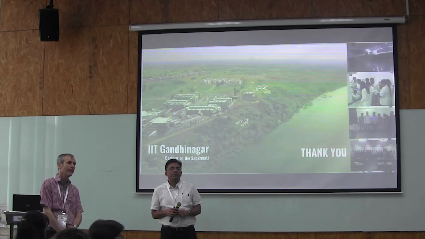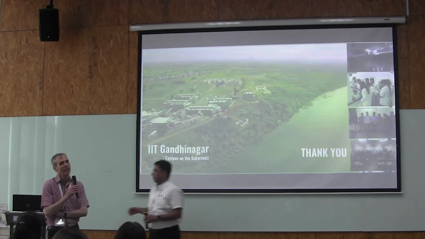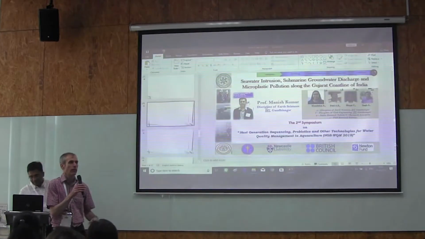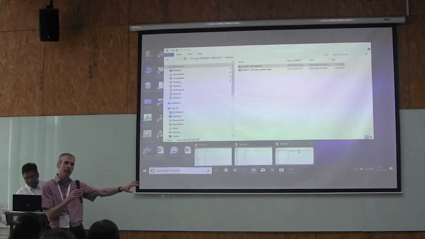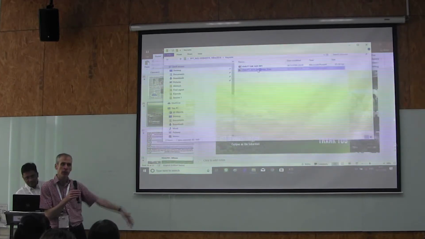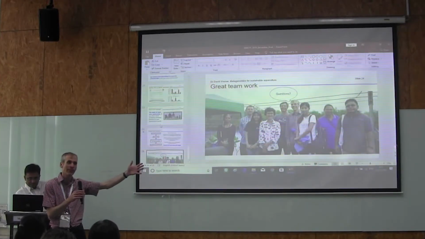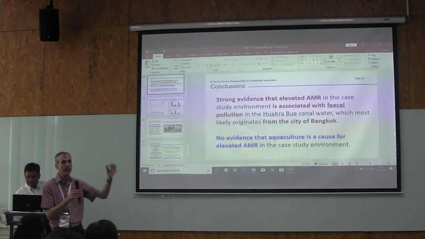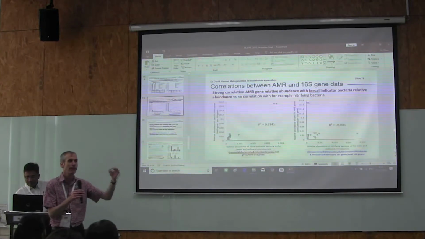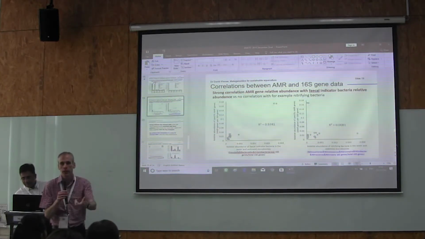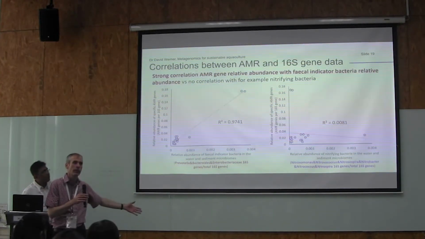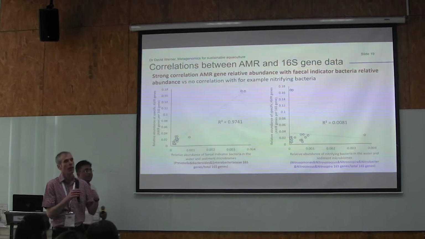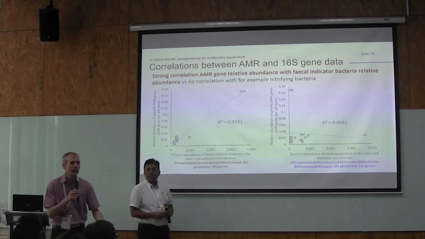What does it mean? This is just an example, because with sequencing, we looked at fecal bacteria, we can see those, and I showed there's a strong correlation with resistance. So that tells me the resistant bacteria are fecal bacteria. You take antibiotics, the bacteria in your gut are resistant, and they get into the environment. Now with sequencing, we can also look at other bacteria.